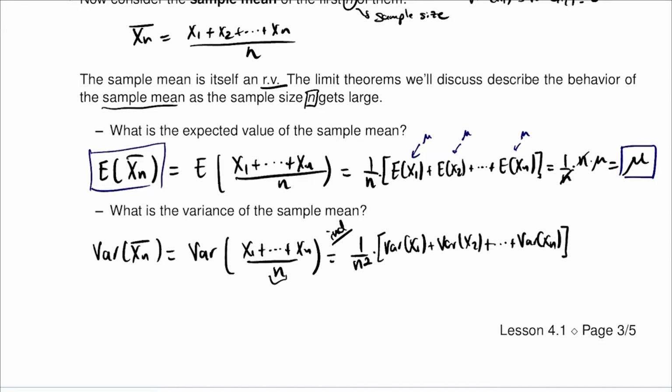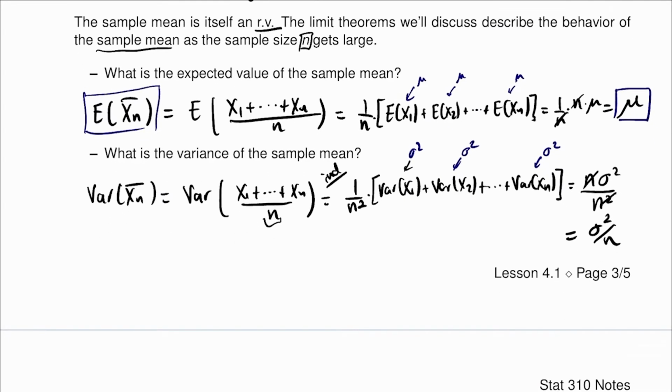Again, these variances are sigma squared, so we are summing sigma squared n times. This is equal to n times sigma squared over n squared. We cancel this out, and this is equal to sigma squared over n. So the variance of the sample mean is equal to sigma squared over n, the variance of the random variables over n.